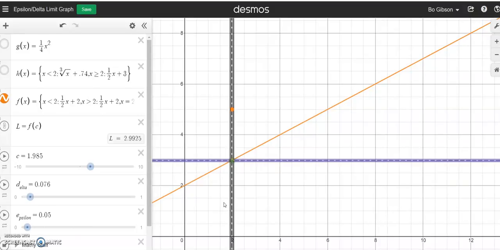So what's the moral of the story here? Well, if your function is continuous, just plug the number in. That's much easier than doing tables or graphs or anything else. But you really do need to be careful. If your function is not continuous at that point, then you really can't do that method.